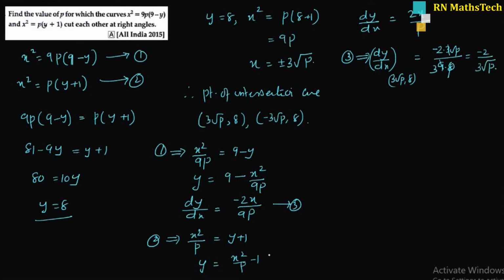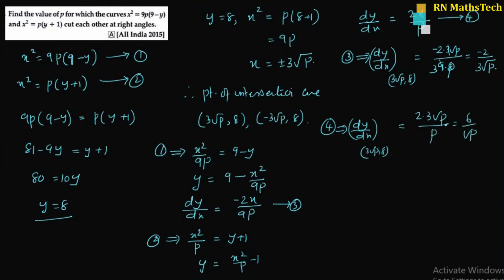Now for the second curve, 4 implies dy by dx at 3 root p comma 8 is equal to 2 into 3 root p by p, that is 6 by root p. Okay.